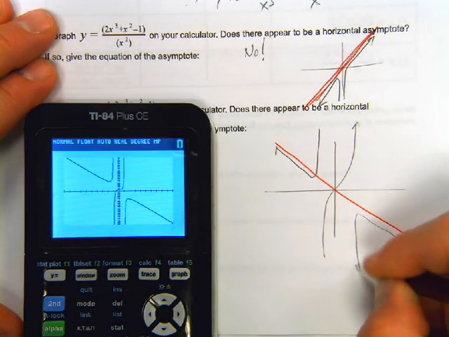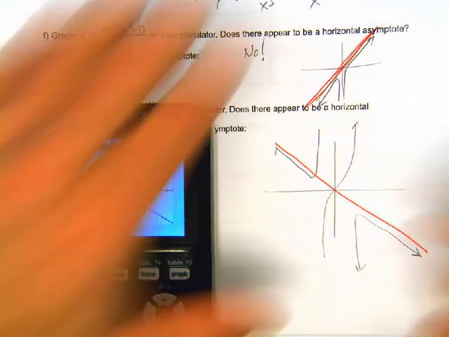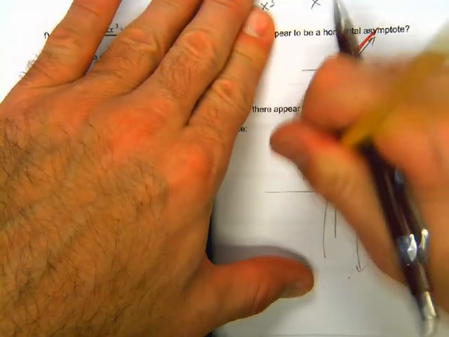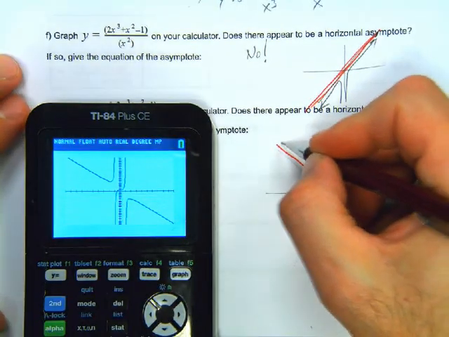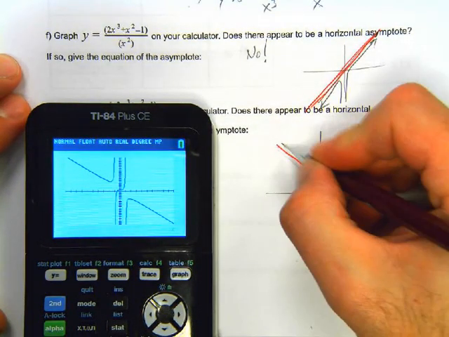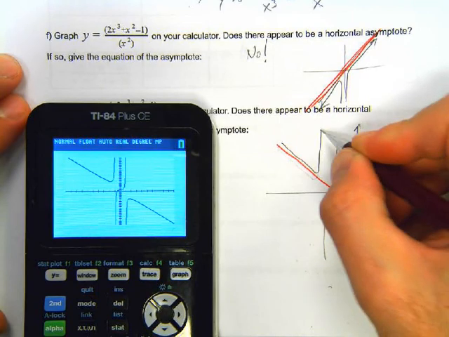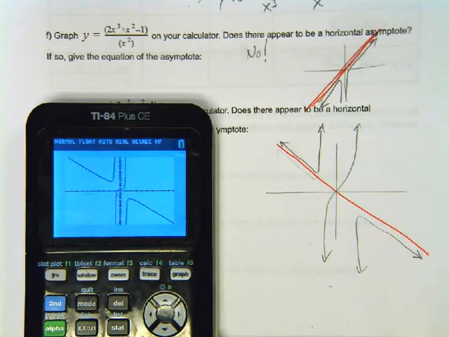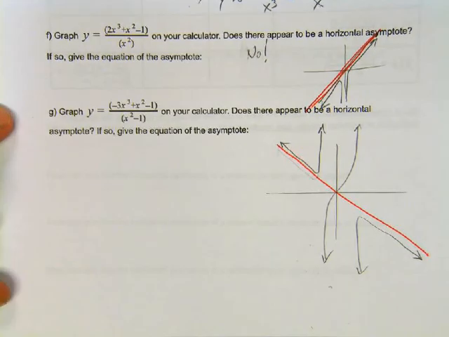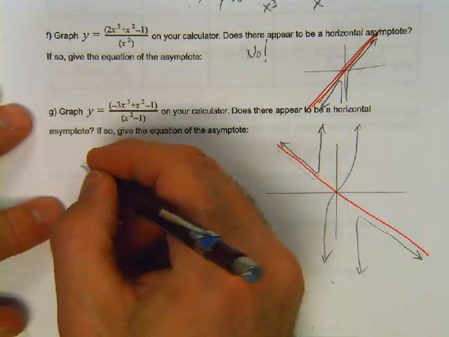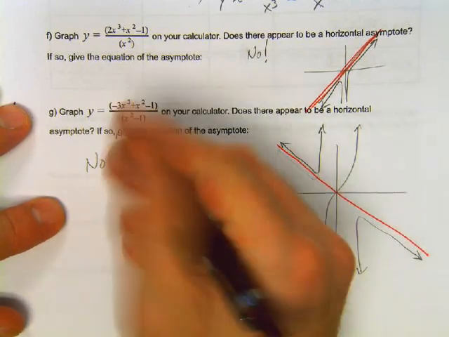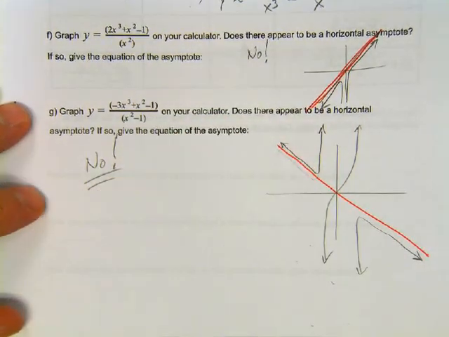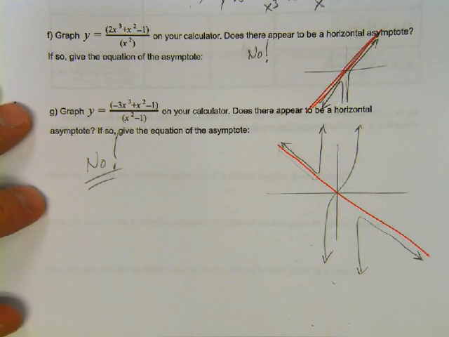I'll bet it does that. There we go. Well, let's see. What's the question say? Does there appear to be a horizontal asymptote? No. It looks diagonal. All right, let's flip the page.